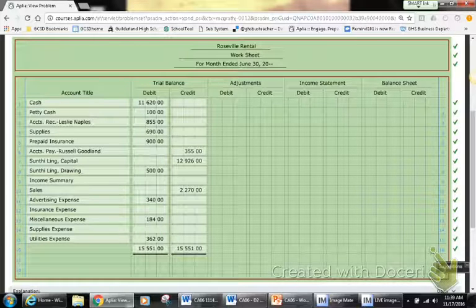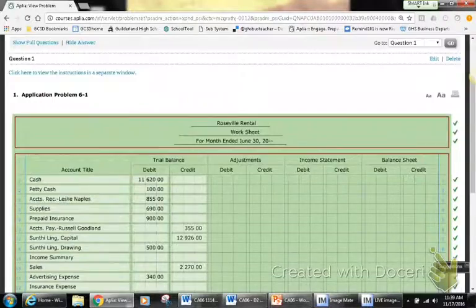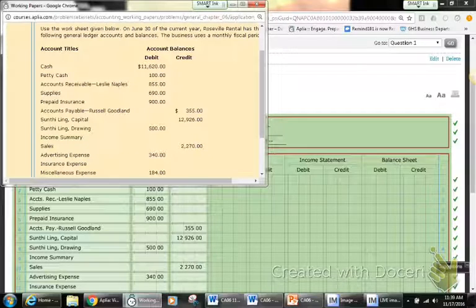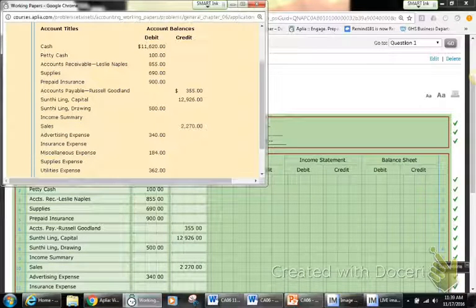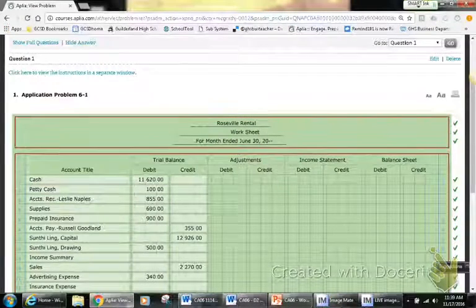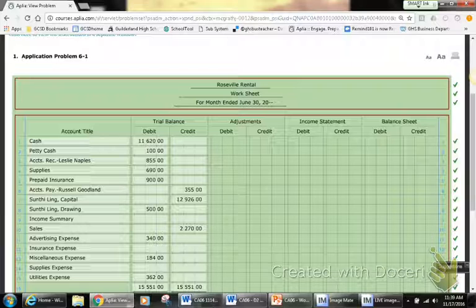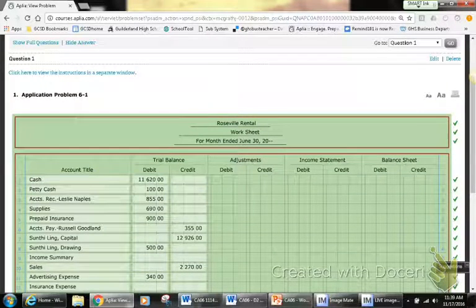No, because what you should have done is looked at your chart of accounts, seen these account titles, and put them in here. It's abbreviated on the actual homework button. Right. You need to know by this point in time that you're not going to have anything that's just labeled accounts receivable. Everything is going to have a label, and you should have been looking for the one that said the name of the account that was there.